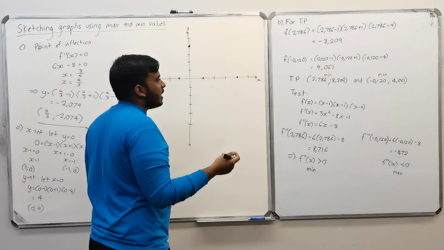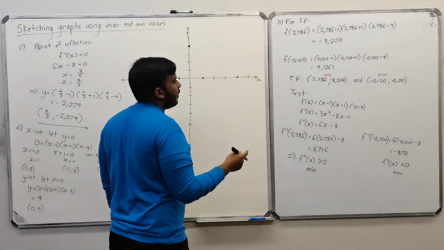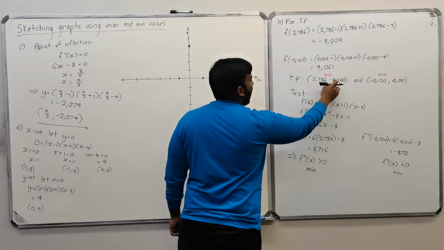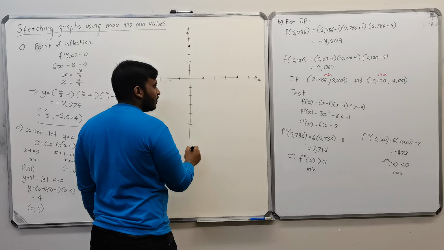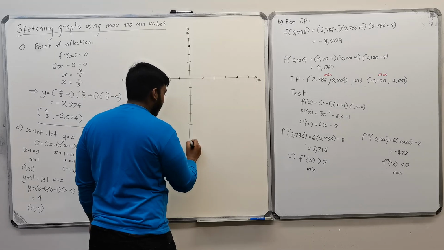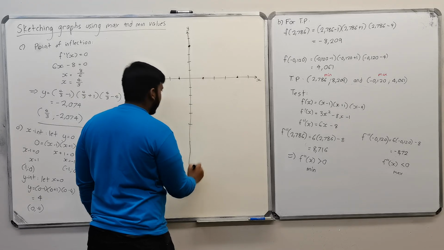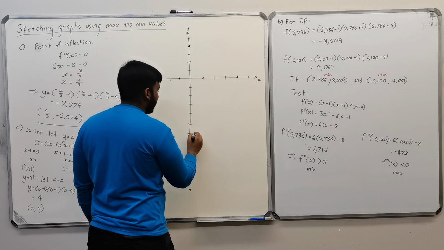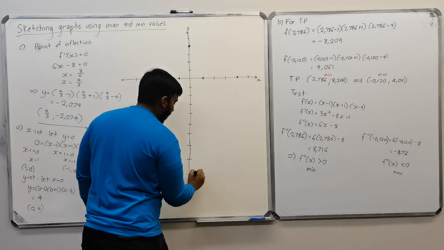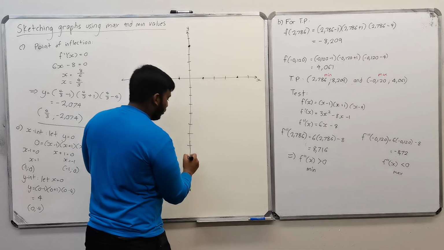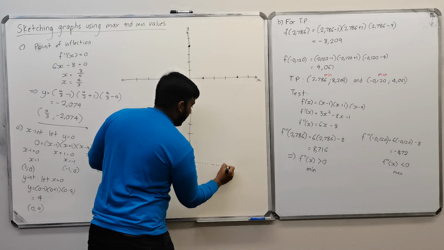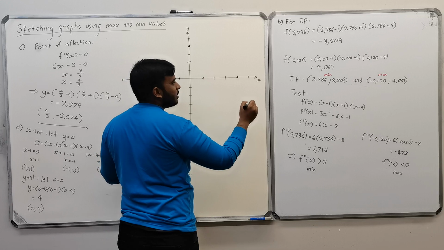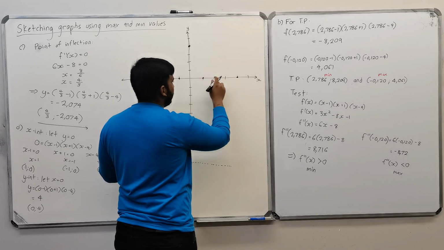Our turning points are, your minimum turning point is found at 2.786 and minus 8.209, right? So that will be at 1, 2, 3, 4, 5, 6, 7, 8, 9. Negative 8.209 is somewhere there, and 2.786 is somewhere here.